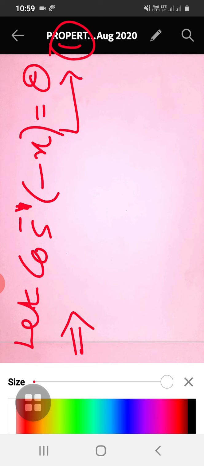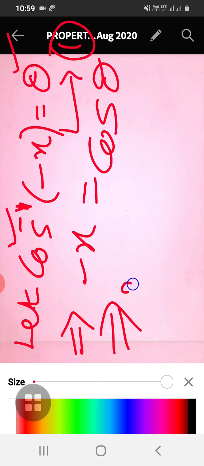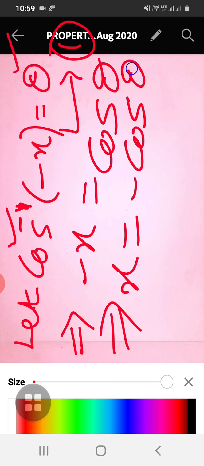Then this implies, you transfer this cos inverse to the right hand side, leaving minus x as it is. Minus x is equal to, if cos inverse comes to the right hand side, that becomes cos theta. Then I don't want this minus, so x is equal to minus cos theta. This step is very, very important.